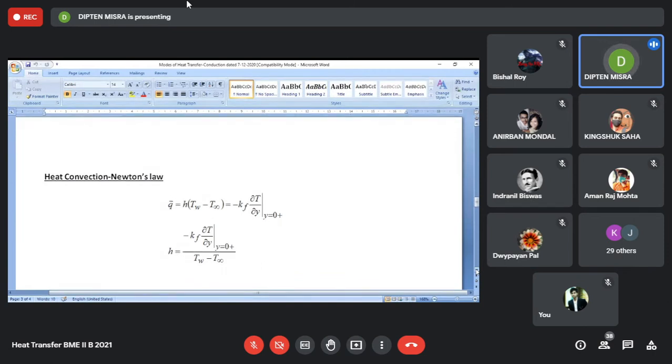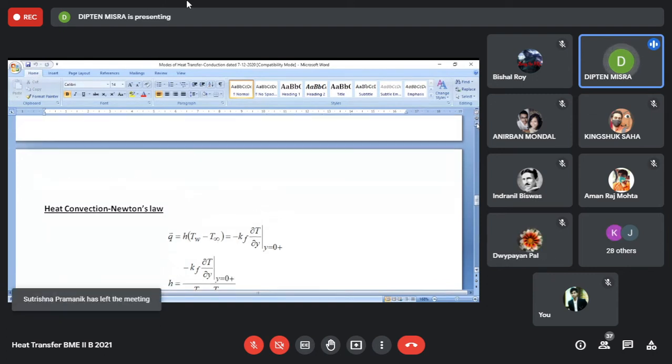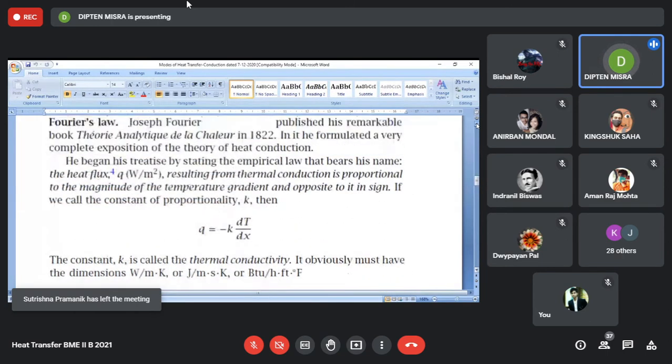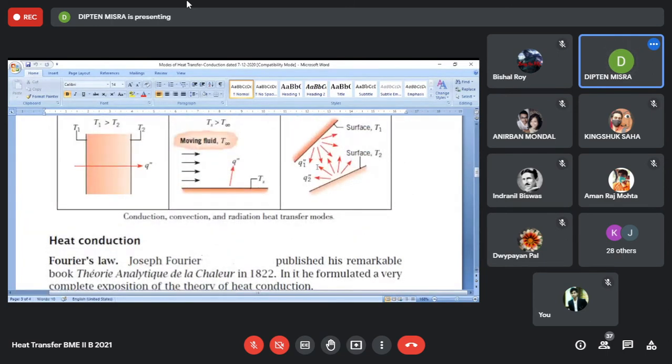Now, when we come to the convection part, what we try to do is to find out the heat flux from the surface. In the case of convection from a surface, suppose there is a surface.